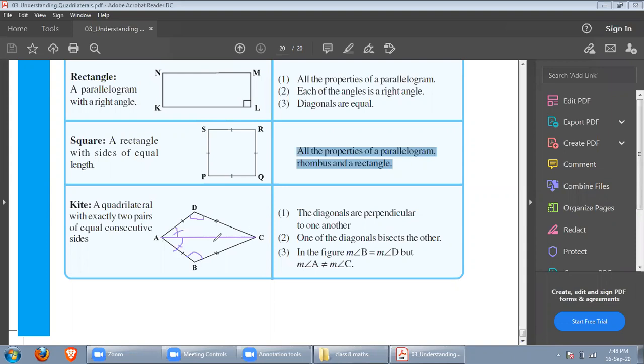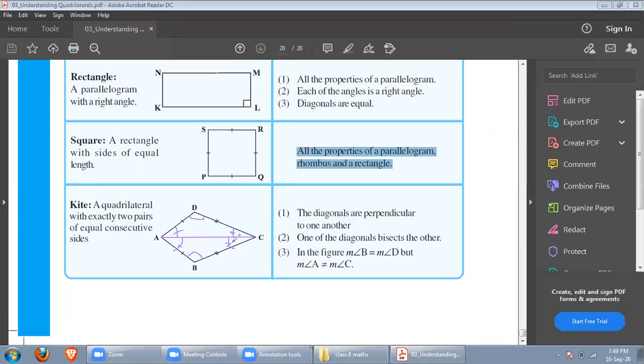Looking at the corresponding naming, AB equals AD, BC equals DC, because B corresponds to D, and A corresponds to A itself, and C corresponds to C itself.